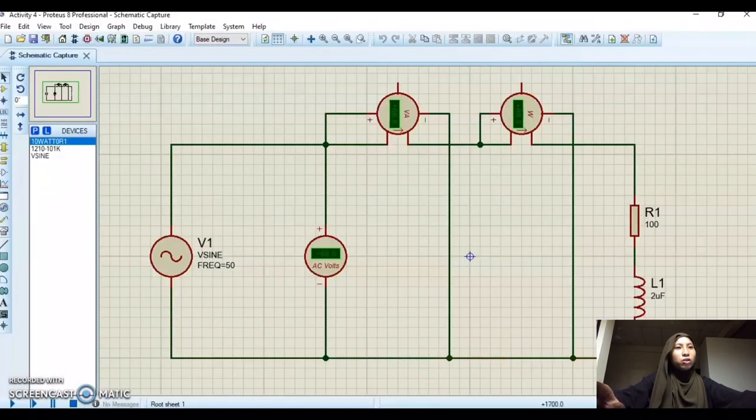For the simulation, we just need to change the previous circuit from activity 3.